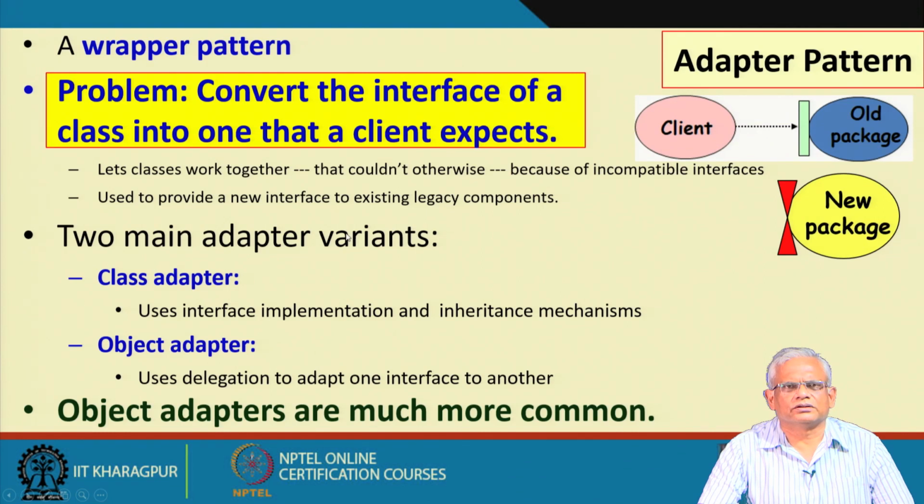As we have already said, the client used to use some package. This is the interface of the package, and that used to support methods like PQR. But then we have a new package available, which is much more efficient, better, and so on. But the methods supported are LMN.